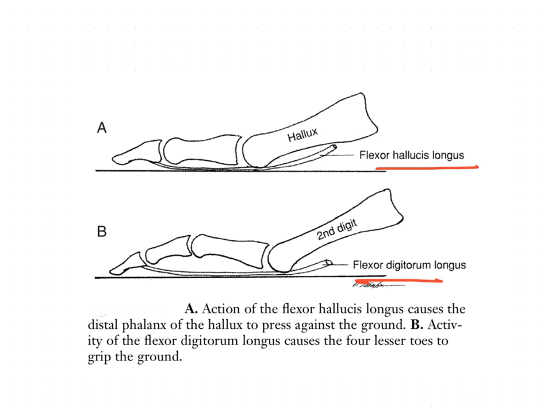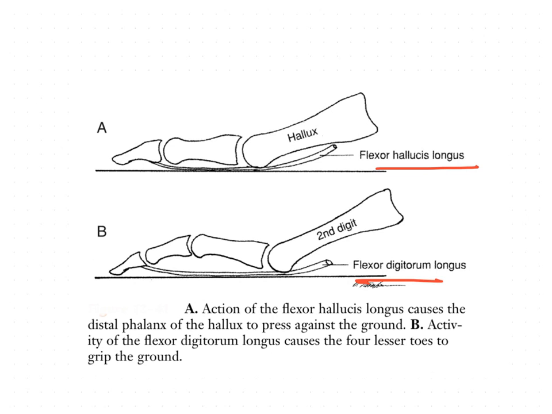Flexor hallucis is present behind the hallux, that is the first ray, and flexor digitorum we can find below the second digit here. These muscles both span the medial longitudinal arch and help in supporting the arch during gait. So the arches are maintained by these two muscles.